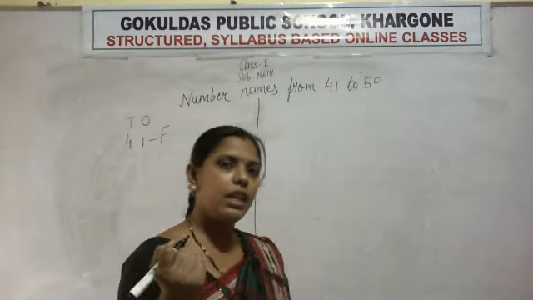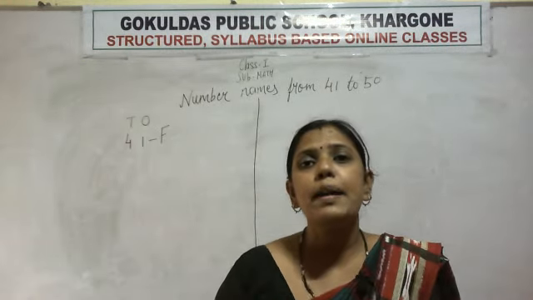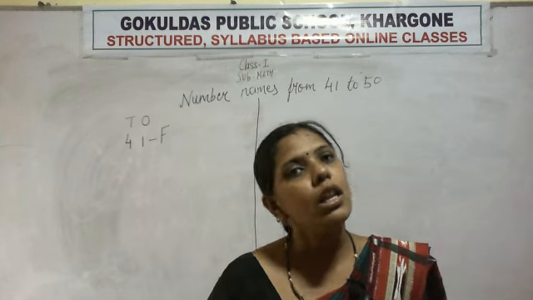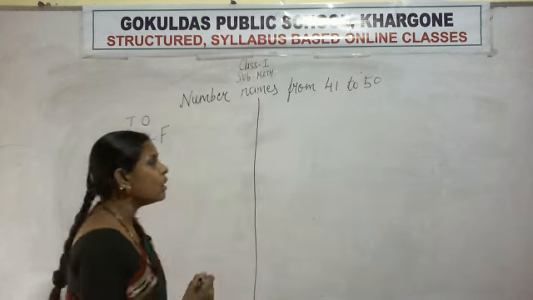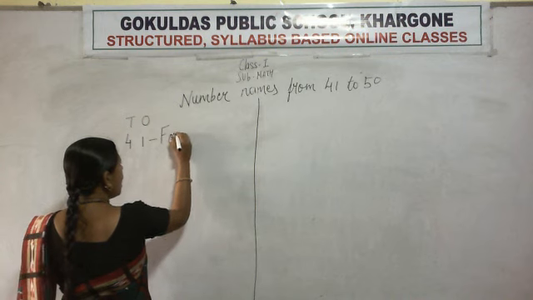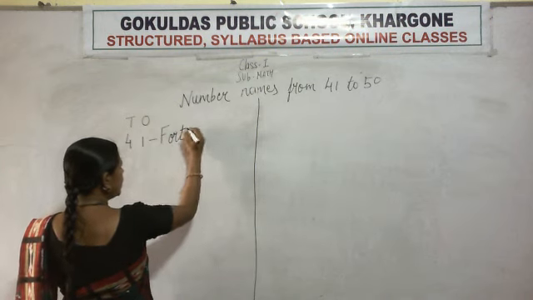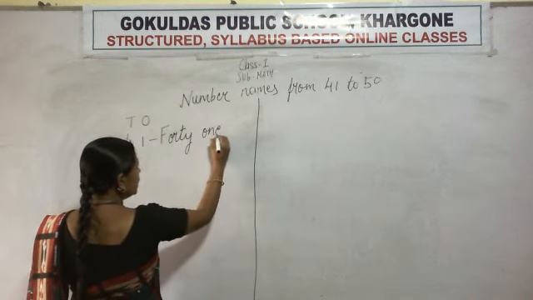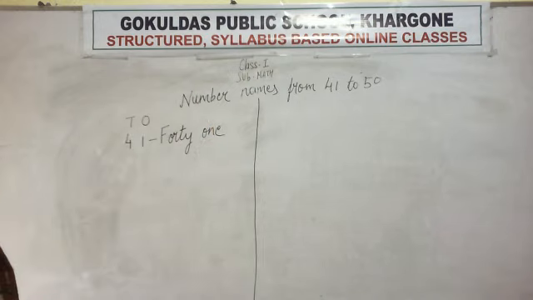Yes or no? Yes. Does U come in the spelling of 40? No, U will not come. So what will be the spelling of 40? F-O-R-T-Y 40, and O-N-E 1, 41.